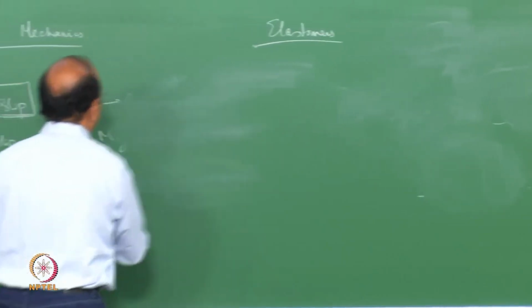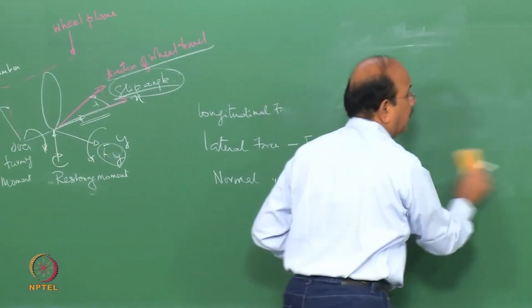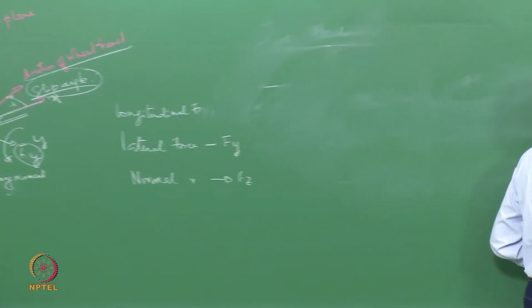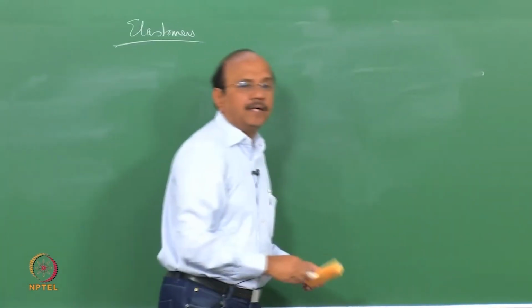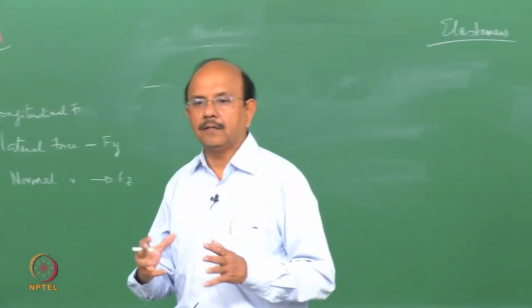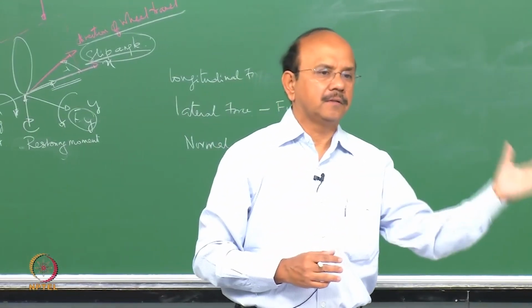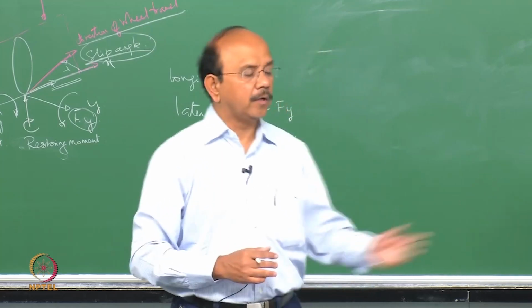So the first thing is that we should understand elastomers and how they help the tires develop the forces that are required to accelerate, brake, take a corner, or maneuver, and so on.